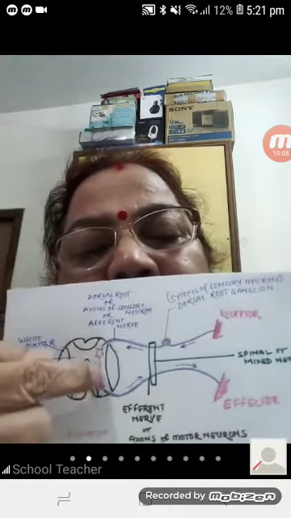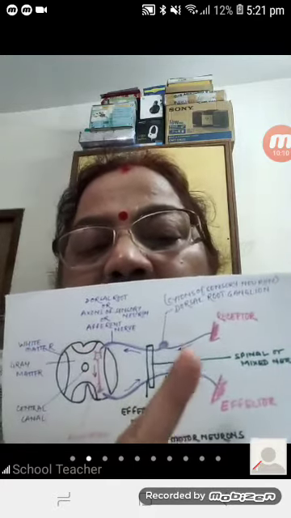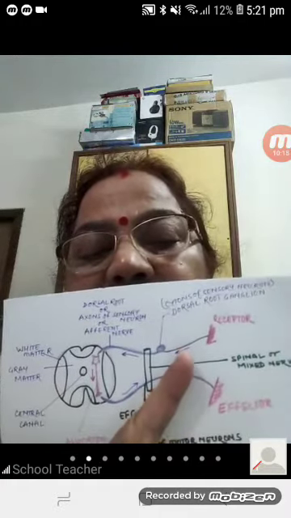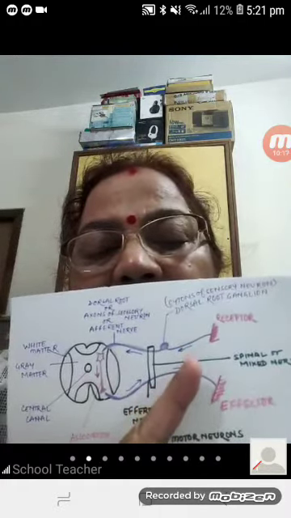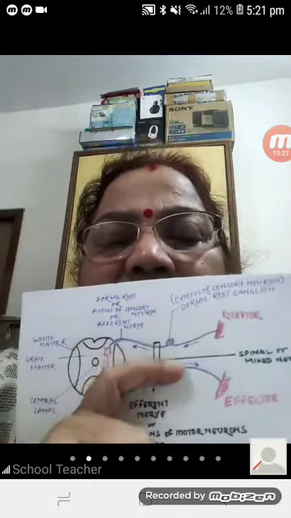This is a connector. Okay? The connector will always be present in the gray matter. Ganglion will always be present outside the CNS. Alright? So this is reflex arc.